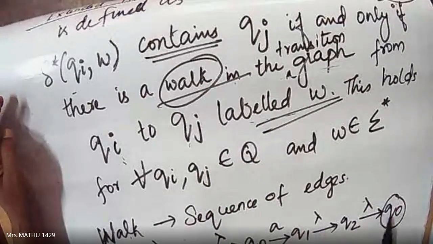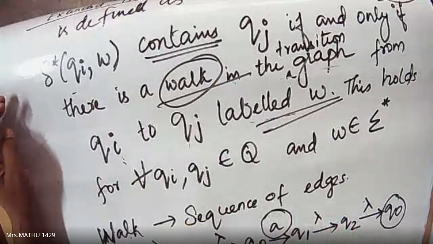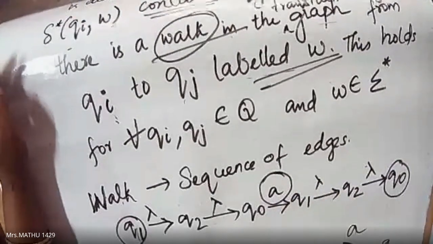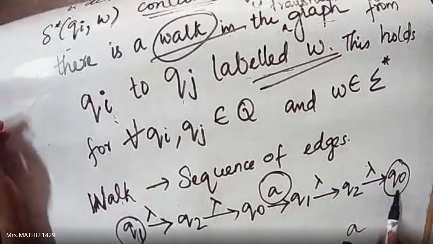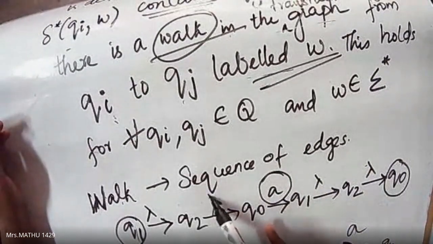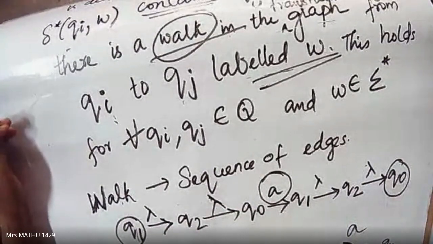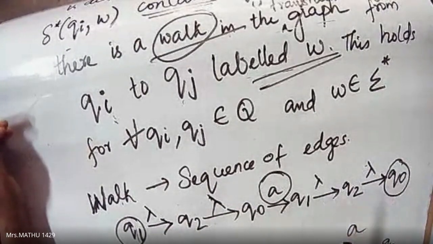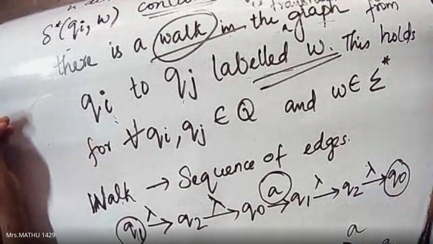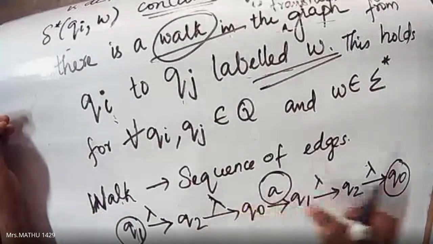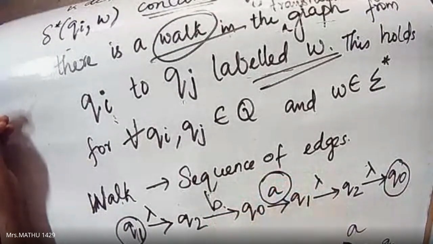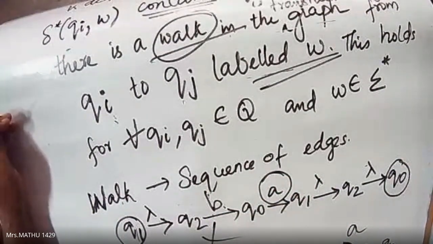Now you can see that in this walk, you are able to read A. All the other moves are only lambda transitions. Please keep in mind that this walk should not involve any input symbol other than lambda. If B also comes, then that is not correct.